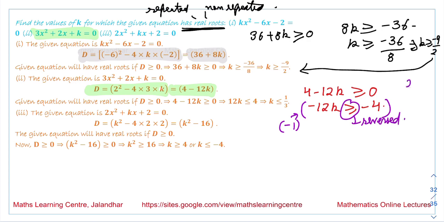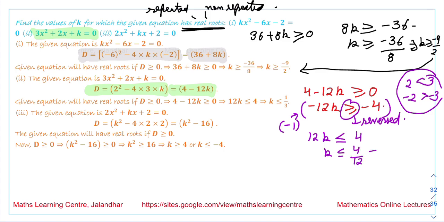If 2 is less than 3, then minus 2 is greater than minus 3. So we get 12k is less than equal to 4, so k is less than equal to 4 by 12, that is equal to 1 by 3. So for k less than equal to 1 by 3, this equation will have real roots.